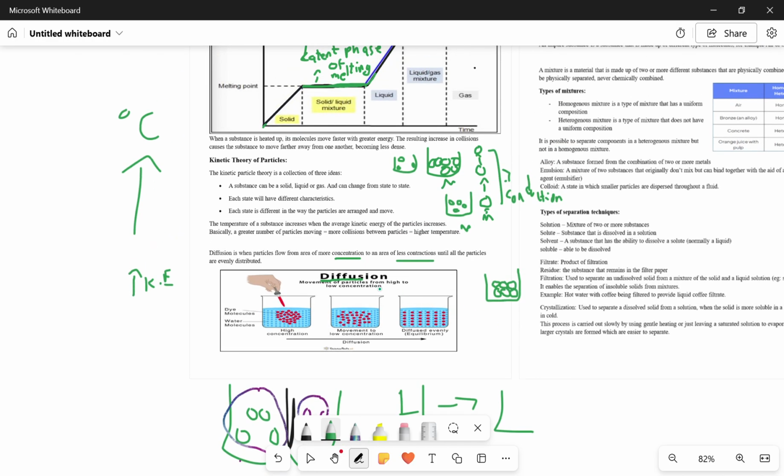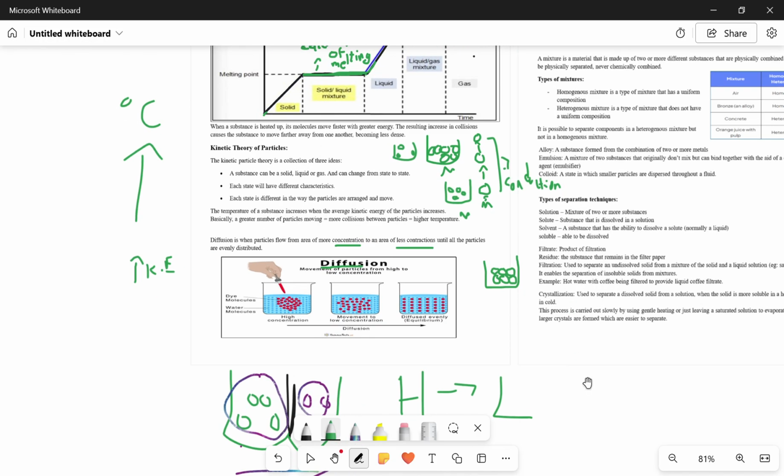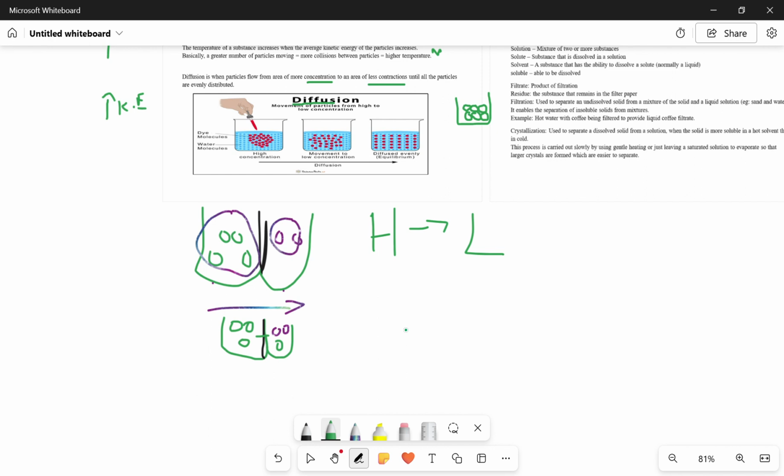You'll see that this is really important in biology and chemistry in some cases, where we have to explain how, for example, let me give you an e-assessment example. Nitrogen dioxide is released by fumes and it's a pollutant, but it's only released in one area. How does it spread throughout the atmosphere?